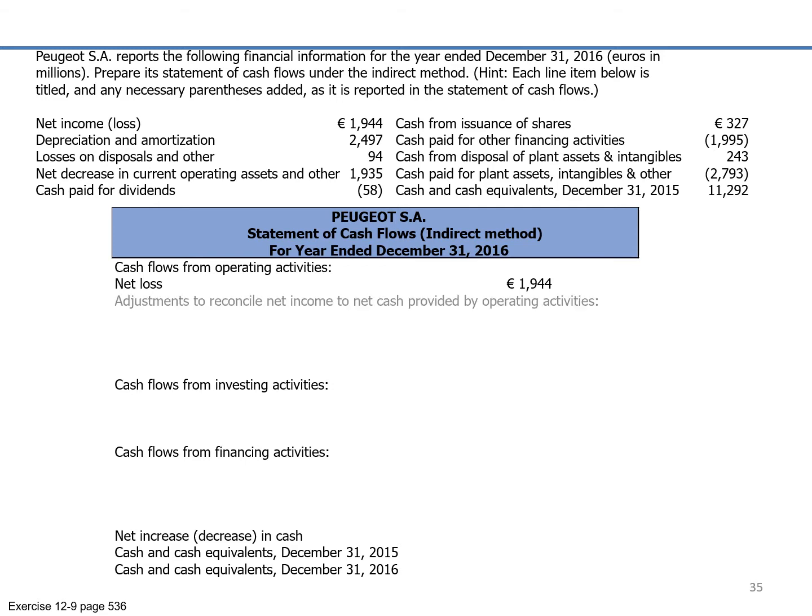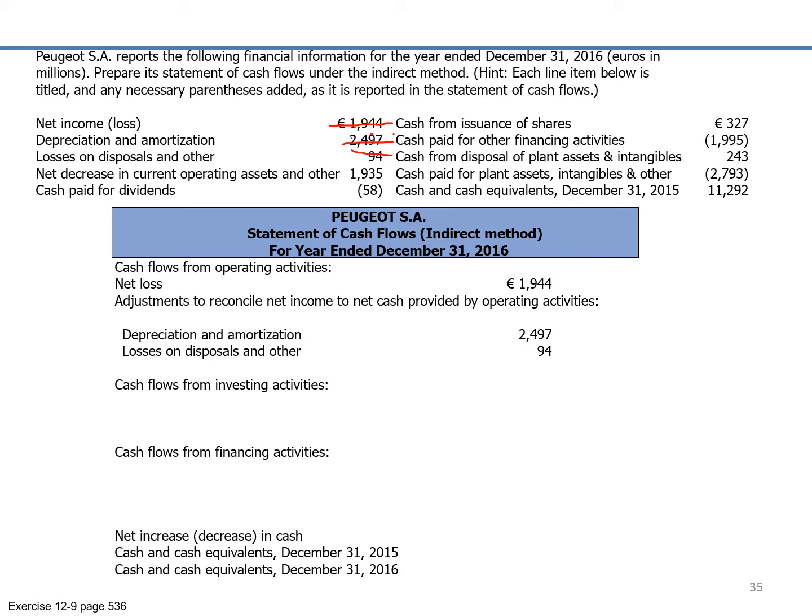So depreciation and amortization, let's add it back. That's $2,497. We're just pulling it from up above. We have losses on disposal of 94. So we need to add that back as well. So let's cross off the ones we've used here. All right, then we have, do we have anything else that belongs there? Okay, not from a non-cash perspective.